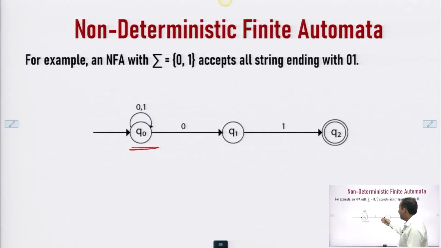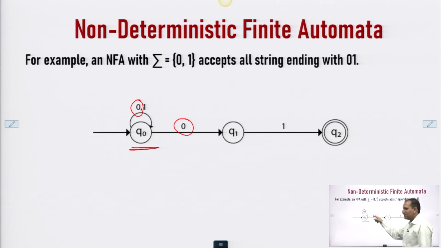You can see over here that in q 0, if the input is 0, there is one transition going from q 0 to q 1 for this 0, right. So, my machine is going from q 0 to q 1, and for this 0 also it is going from q 0 to q 0. There is a loop for this 0 itself, right.